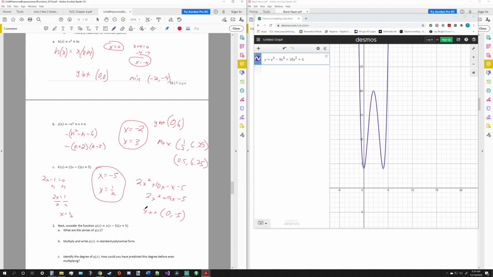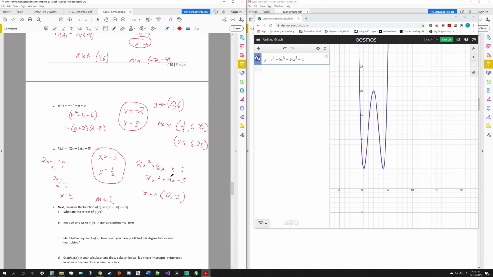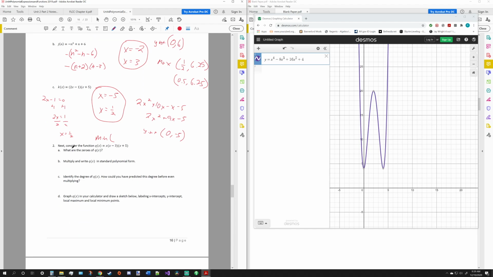And the min max, this will have a minimum. And again, I'll let you guys figure that one out for me. And we can move on to the next problem. So go ahead and do number 2, and I will continue that when you're done.